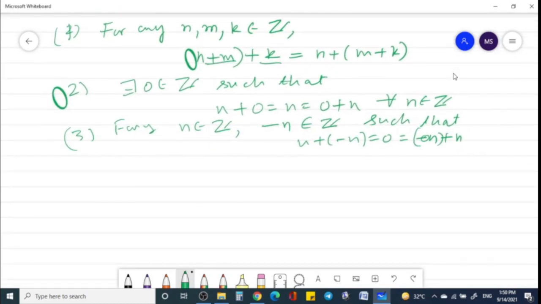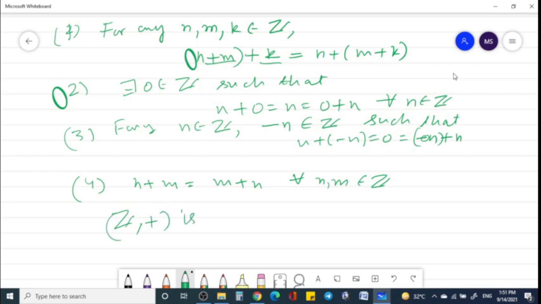And the fourth property, n plus m equals m plus n for all n, m belonging to integers. So this is quite easy. One can think of integers as an abelian group under usual addition.